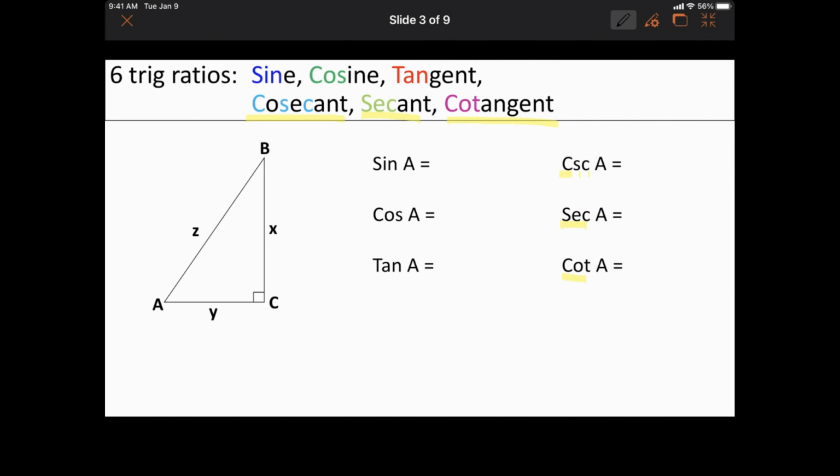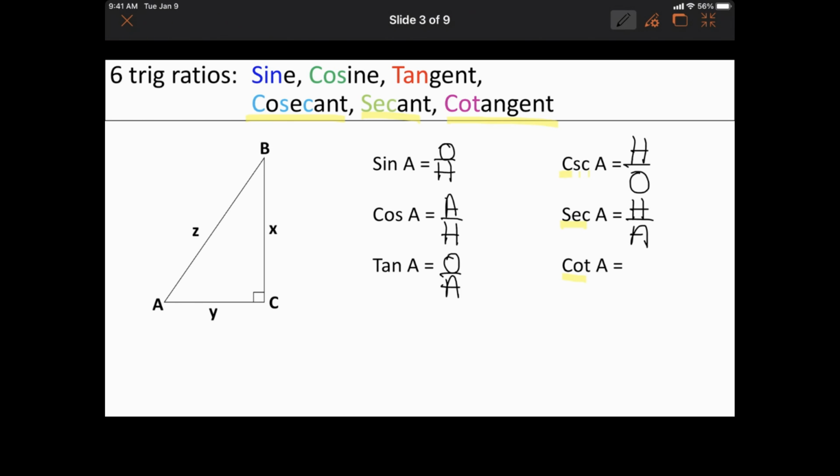For sine, we know it is opposite over hypotenuse. Cosine is adjacent over hypotenuse. Tangent is opposite over adjacent. And this is for angle A. For cosecant of angle A, it is now hypotenuse over opposite. Secant is hypotenuse over adjacent.